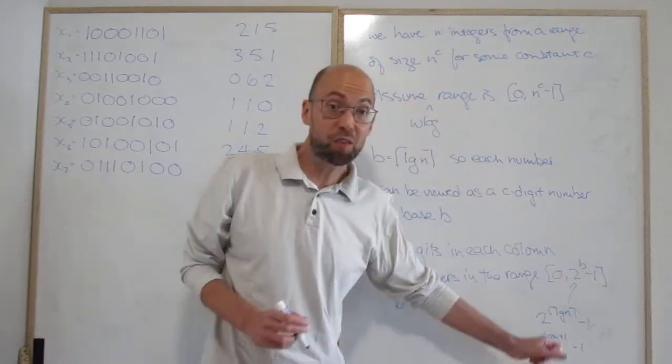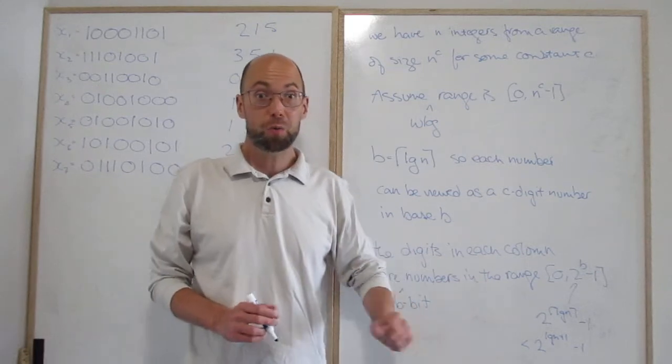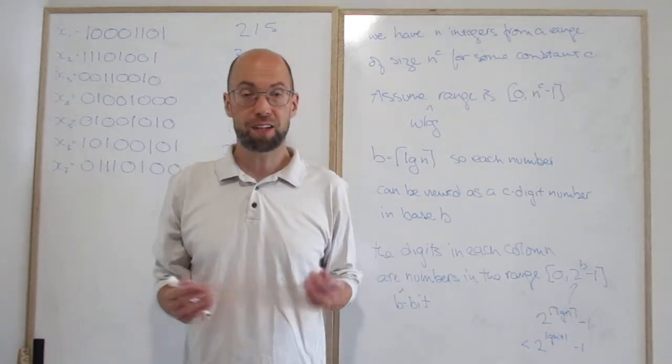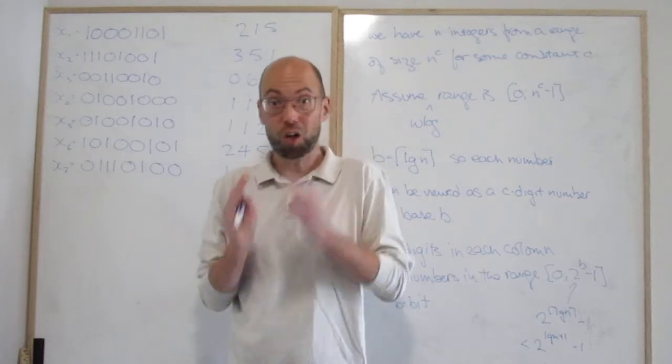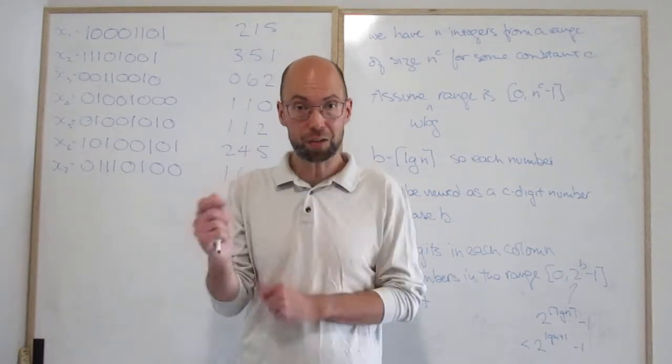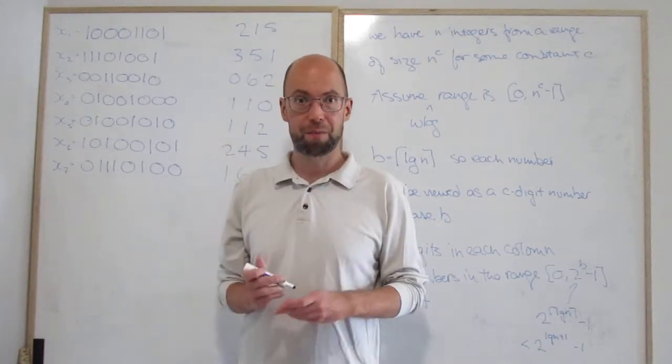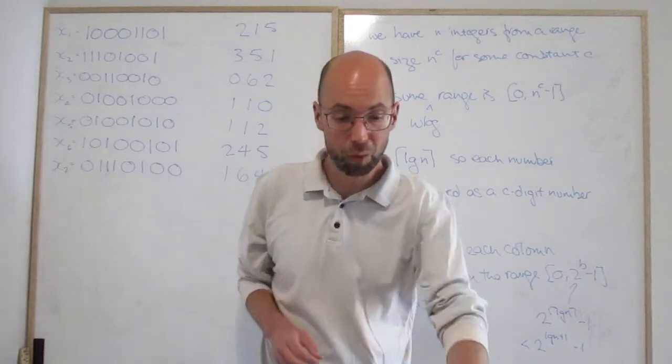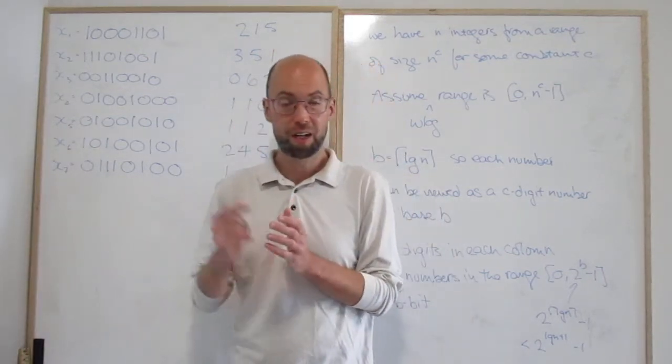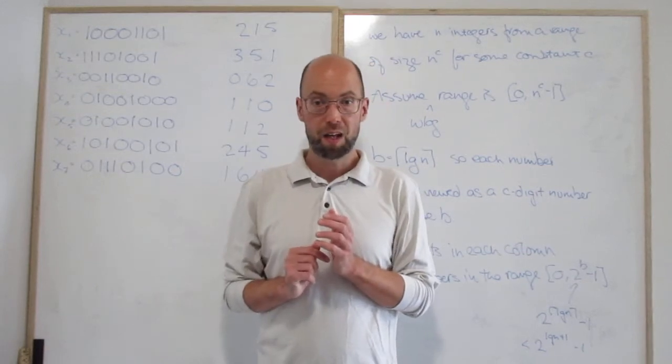Okay? So it's from a range which is linear in n. Each of the columns has numbers in a range linear in n, so you can counting sort it in linear time.